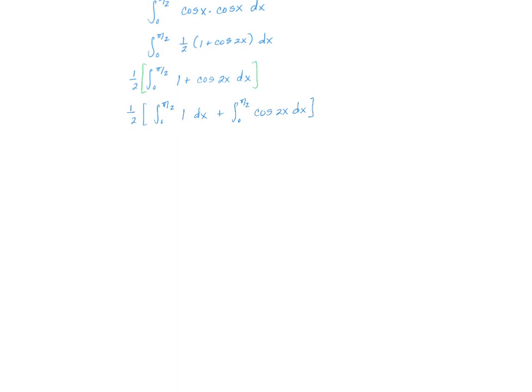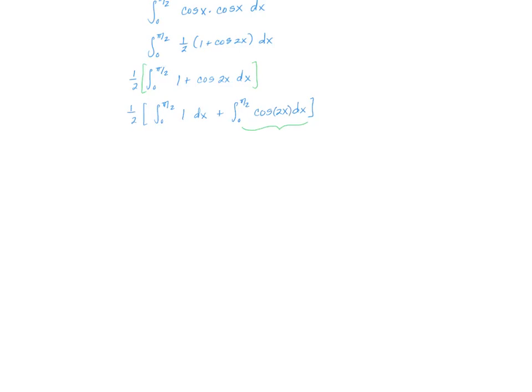then the first integral is just going to be x. However, with this second integral, instead of using that property we had before that said this would be 1/2 sine of 2x, I'm actually going to derive that property. So the issue here is that it's not a cosine of x, it's a cosine of 2x.